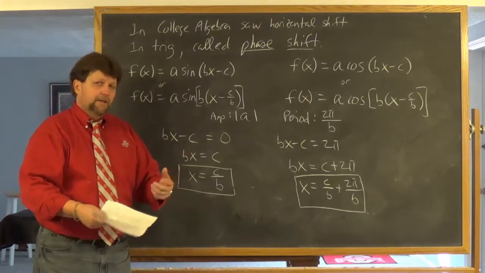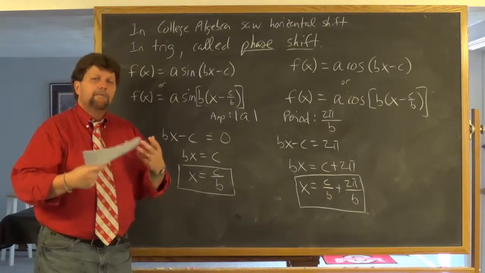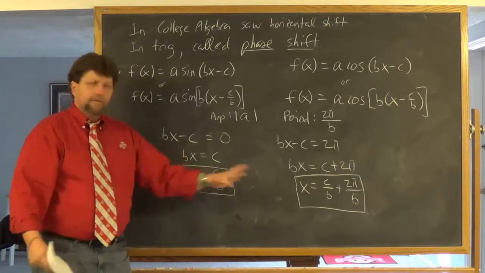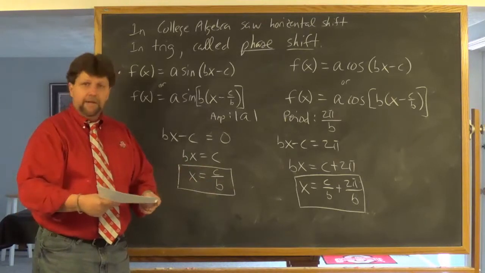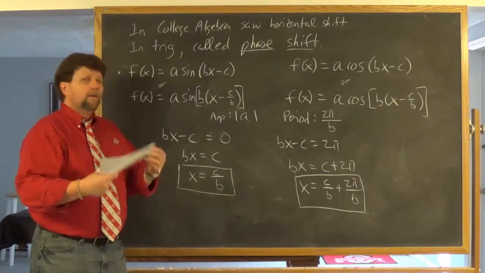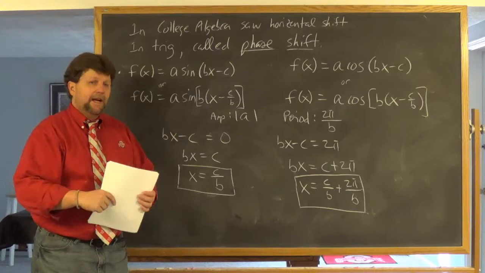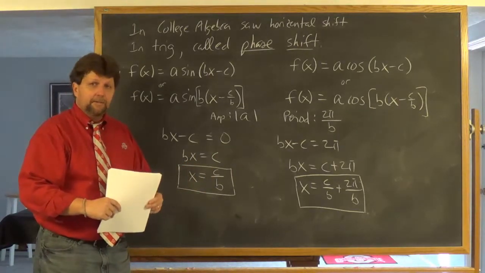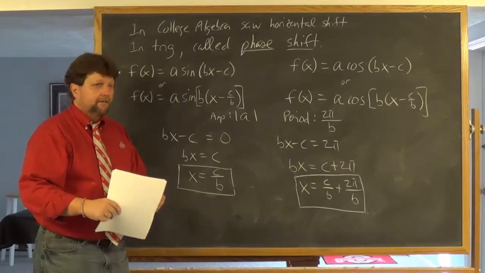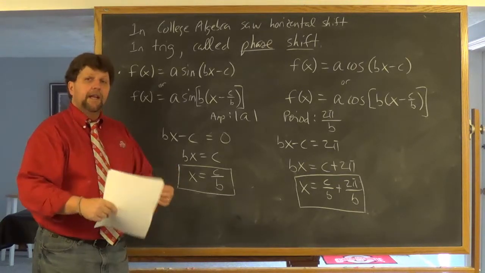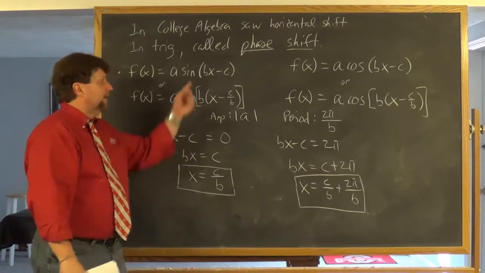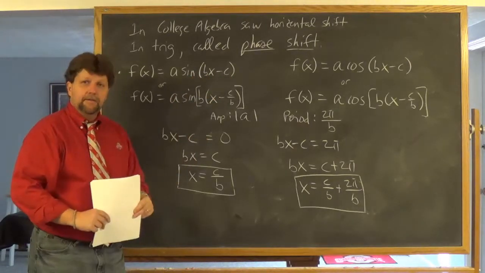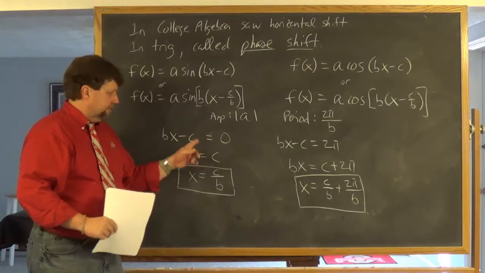Okay, that's all well and good. More importantly, it's the process that we go through. So you have an option. You can memorize formulas here, and I think they're going to be in your book as well. Or it's the process that I went through to show you what phase shift happens to be. To determine the left endpoint of one period, we take the junk that's in parentheses, set it equal to 0, and solve for x.